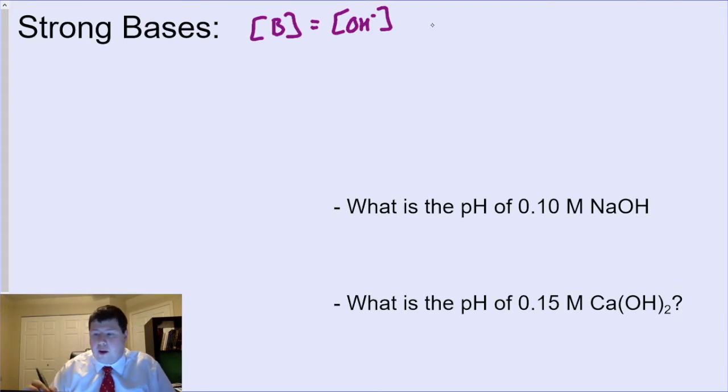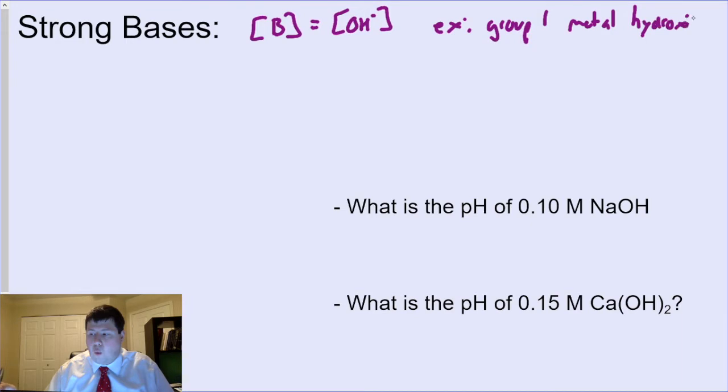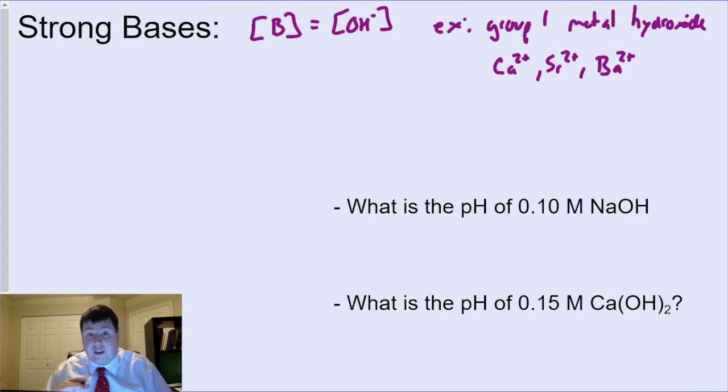For example, we know the strong bases include things like the group 1 metal hydroxides, and one caveat, it also is going to include a few of the group 2 metals, calcium 2+, strontium 2+, and barium 2+ hydroxides as well. We're going to consider those strong bases. So for these strong bases, I can assume the OH minus concentration is related to the base concentration.